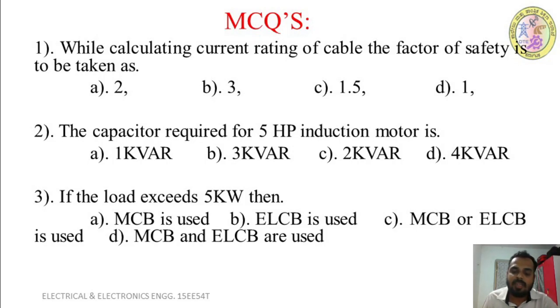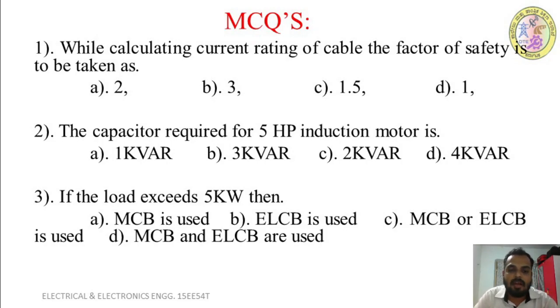As you know, the answer is A, that is 2, right? We have to calculate the load current and it has to be multiplied by the factor of safety of 2 to calculate the cable rating, right? So next we'll see the next question, that is the second question.